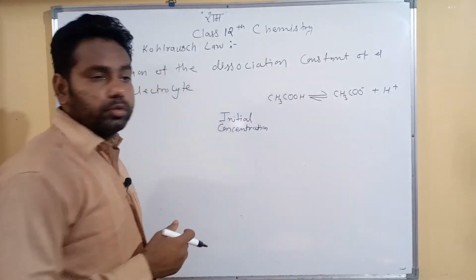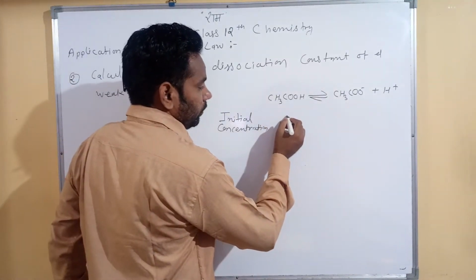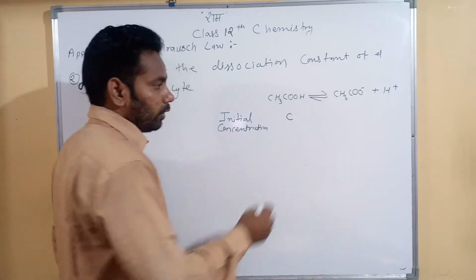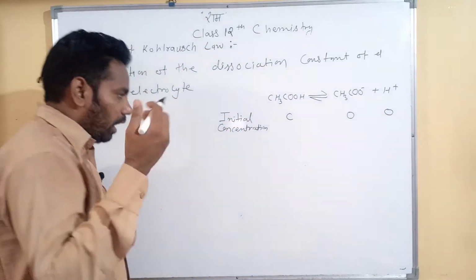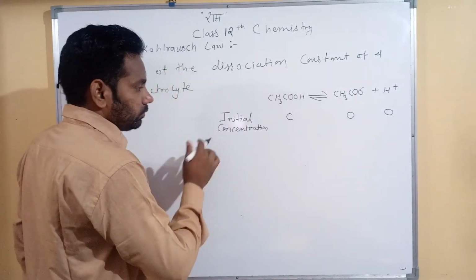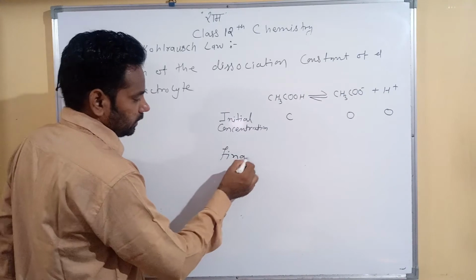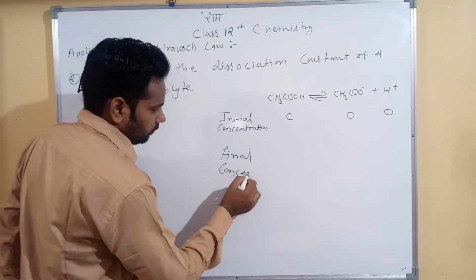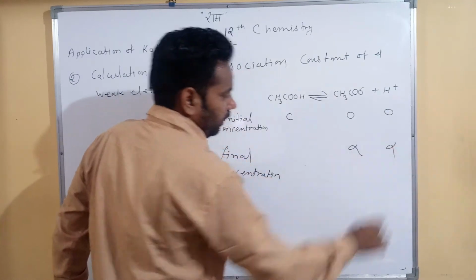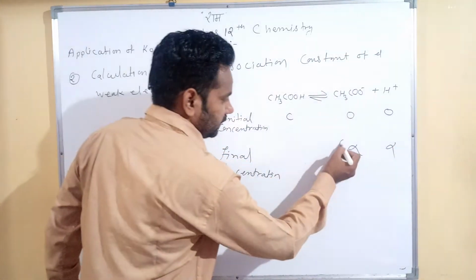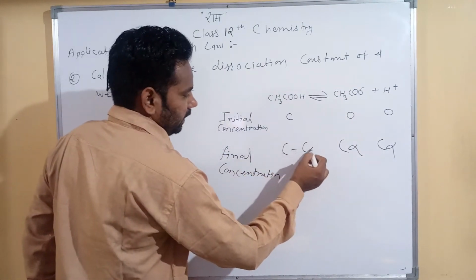The initial concentration of reactant is, let me consider, only C. Then product concentration is 0. After some time, or final concentration, is equal to alpha. Now we show C alpha. Then here C minus C alpha.